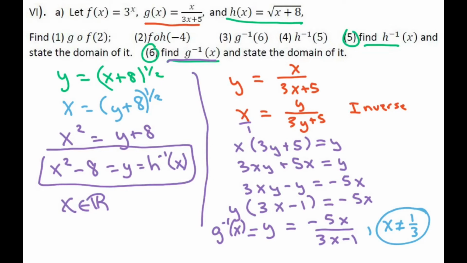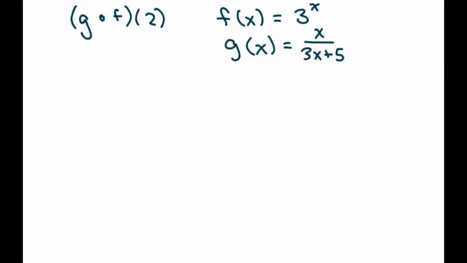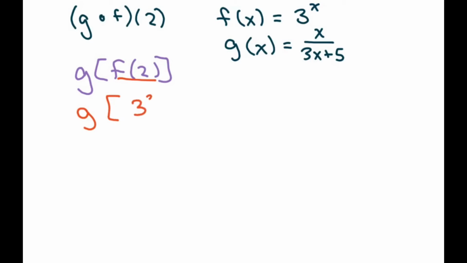So we did 5 and 6, and now we're going to do the other 4. We have to find g of f of 2. I can rewrite this as g of f of 2. I'm going to work with the inner function first and do f of 2. f is 3 to the x, so that would be 3 squared, so that's g of 9.